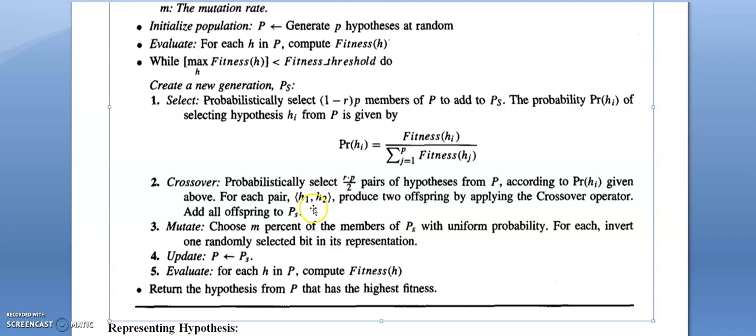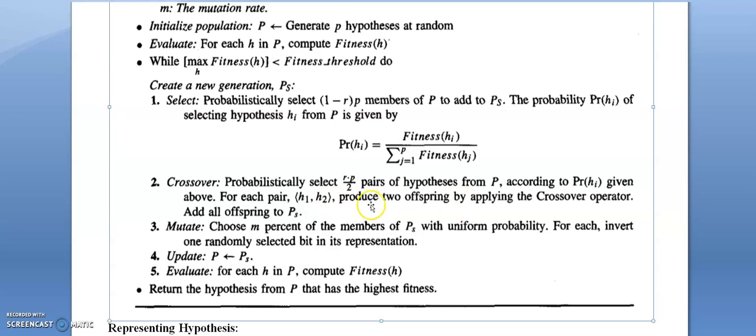Now for how we will apply the crossover, for each pair of hypotheses we consider H1 and H2. The crossover operator is applied to generate two offspring, which are the best possible outcome of these two hypotheses H1 and H2.